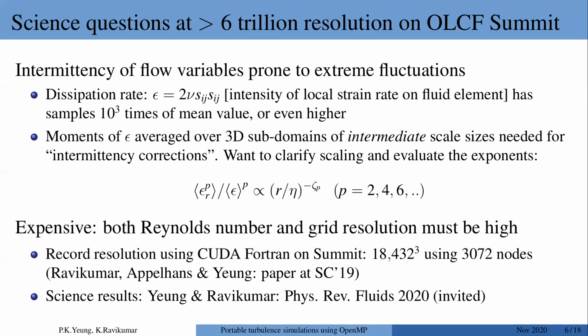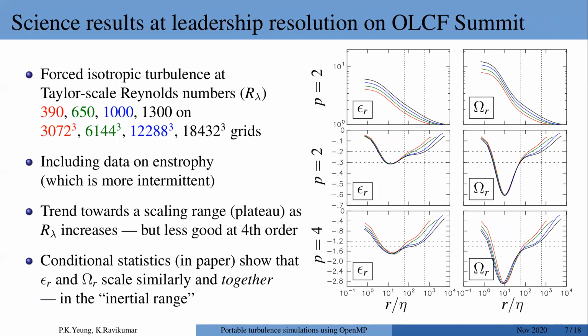I'm not going to show all the results, but I'd like to show one result appearing in a paper that is part of an invited collection of papers to be published sometime this month. Here we have several graphs, and on the right hand side there are two columns.